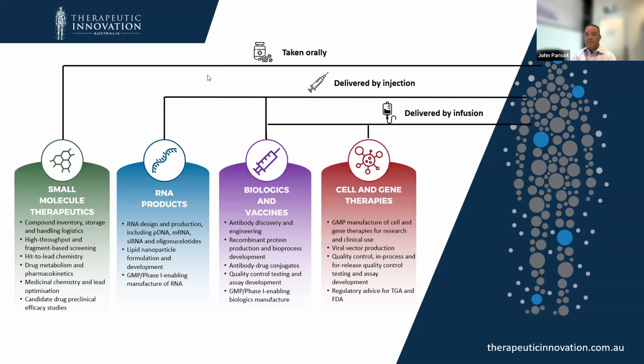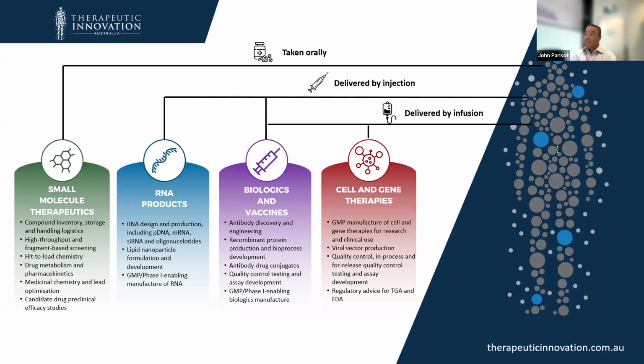And you can see within each section a quick summary of what's involved. Small molecules have compound inventory and library storage and logistics, high throughput screening, chemistry, and drug metabolism. RNA has people that can help with design and production and the lipid nanoparticle formulation. Biologics and vaccines are very well versed in antibody drug conjugate design and recombinant protein production from non-GMP up to GMP level as well.